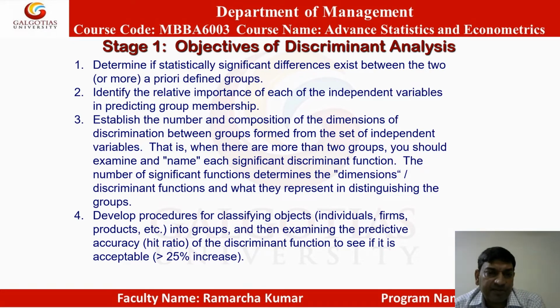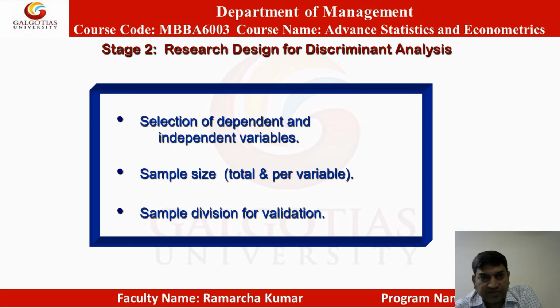Fourth, develop procedures for classifying objects, individuals, firms, products, etc. into groups, and then examine the predictive accuracy, the hit ratio, of the discriminant function to see if it is acceptable, that is, greater than a 25% increase.